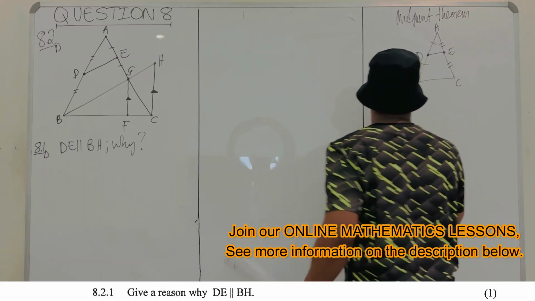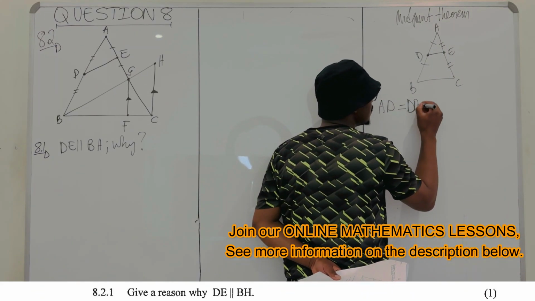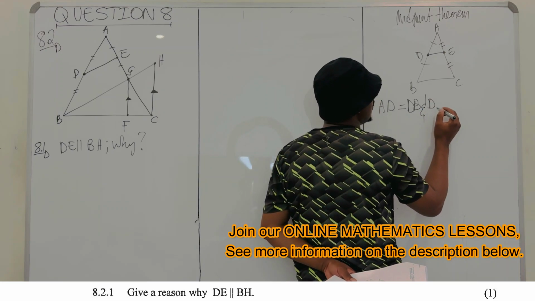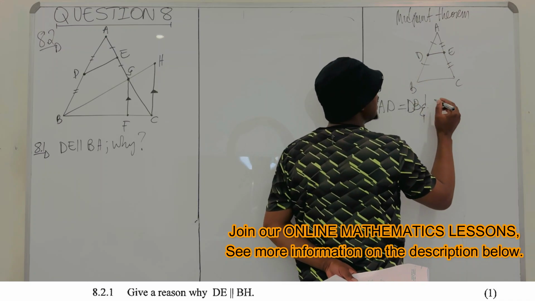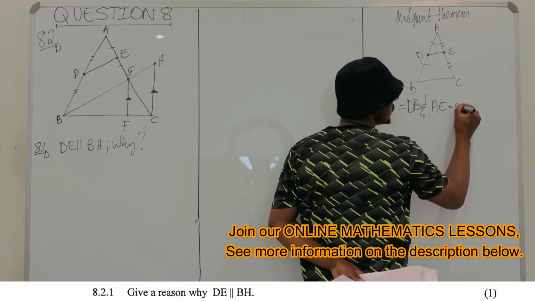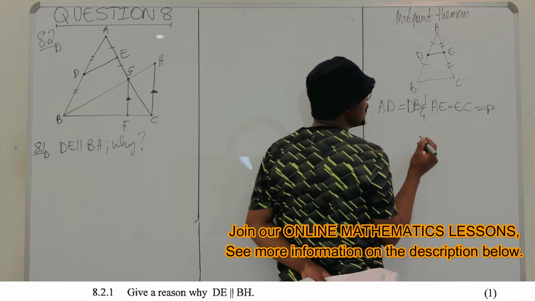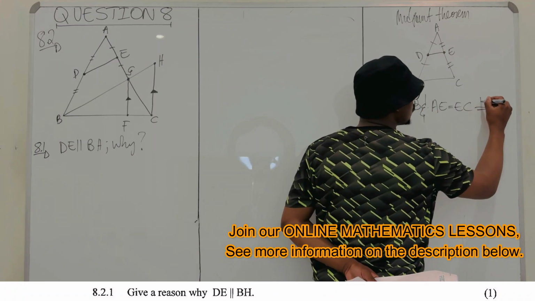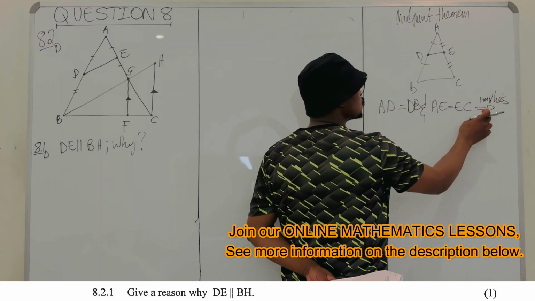So I'm saying that if your AD is equal to your DB, and your AE is equal to your EC, then what will happen is, if you have this condition, this is what will happen.